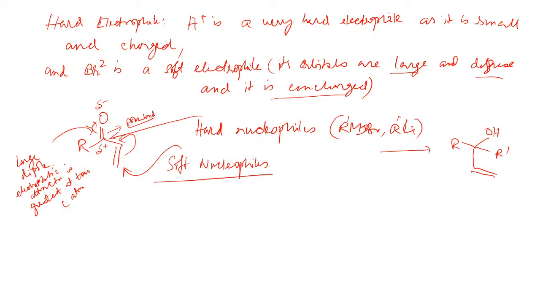So why at this beta position? Then you have to see the LUMO. If you see the LUMO of this double bond, the orbital coefficient is large at this beta carbon.